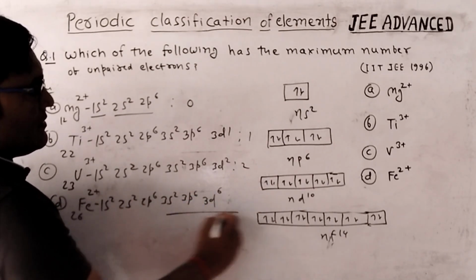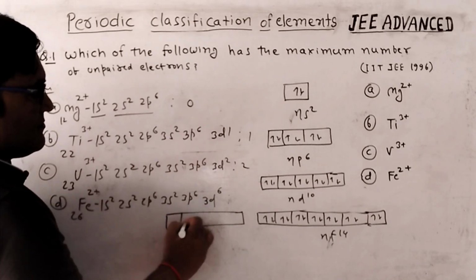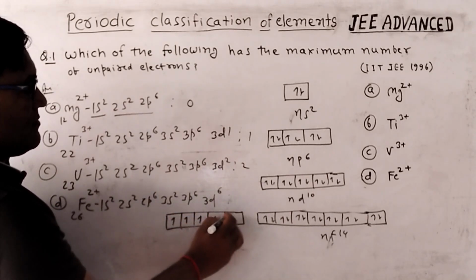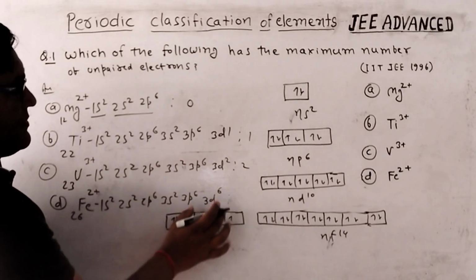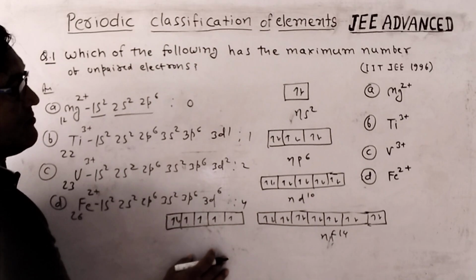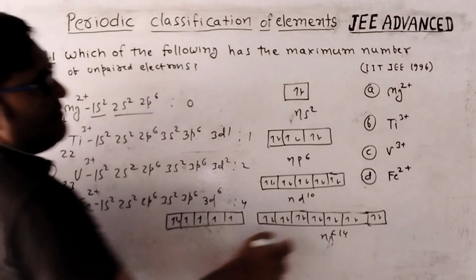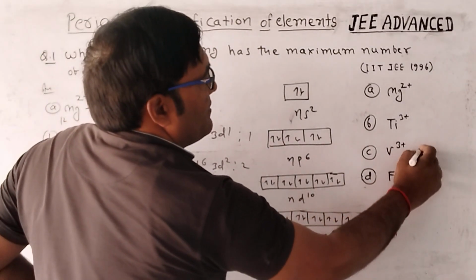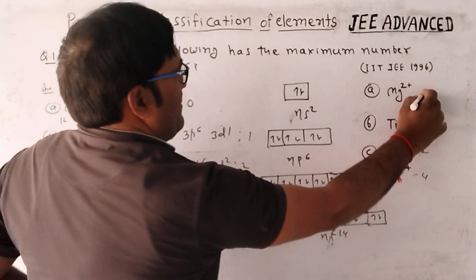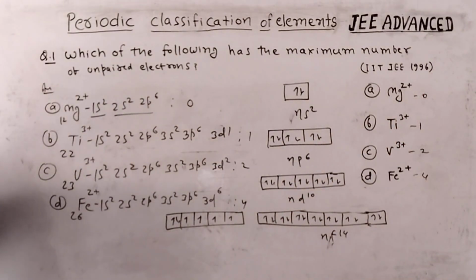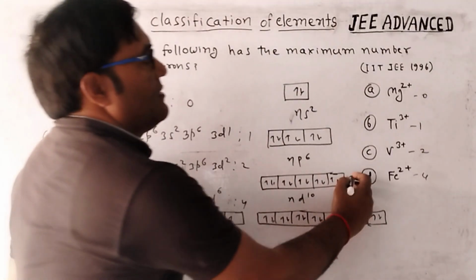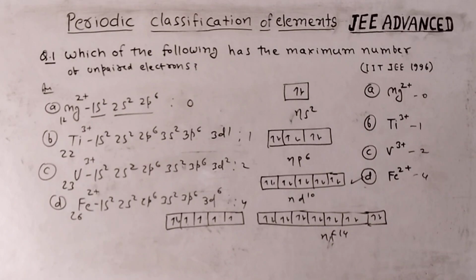So the last shell configuration is 3d6. In 3d6, 1, 2, 3, 4 unpaired electrons are present. Okay. So 4 unpaired electrons are present here, 2 here, 1 here, 0 here. Now we can observe the maximum number of unpaired electrons is present in iron double positive. So option D is correct.